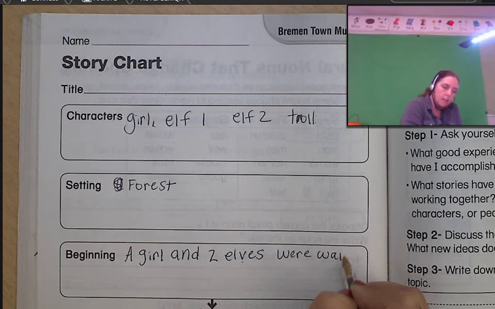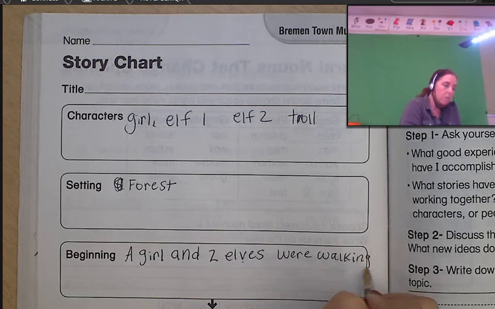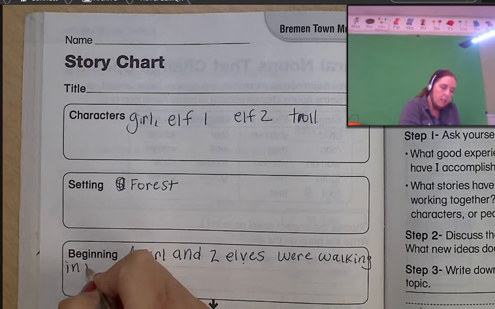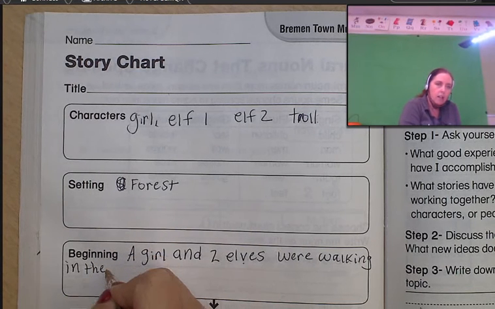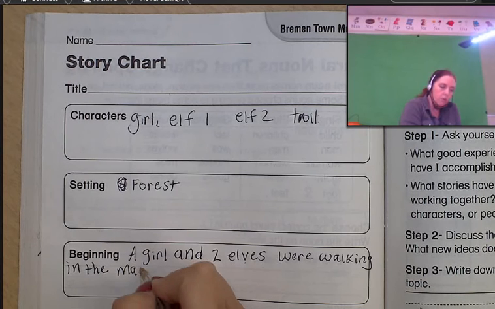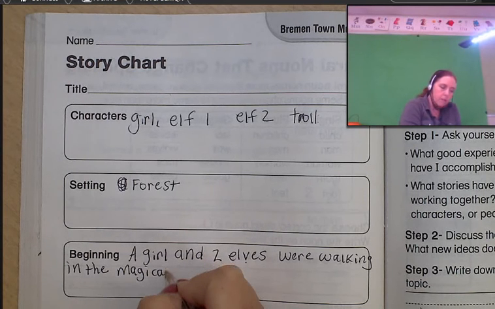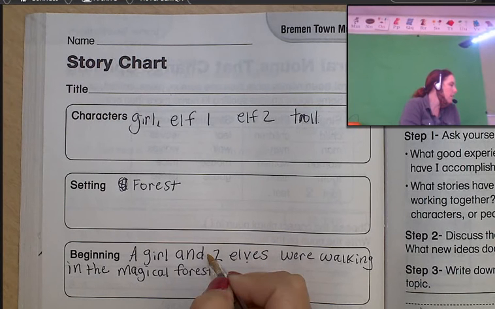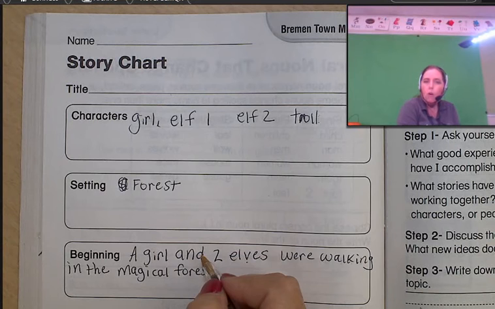I could also say they were skipping in the forest, they were running in the forest, but I'm going to say they were walking in the magical forest. Ooh. They were walking in the magical forest. A troll took them and put them in a hole.